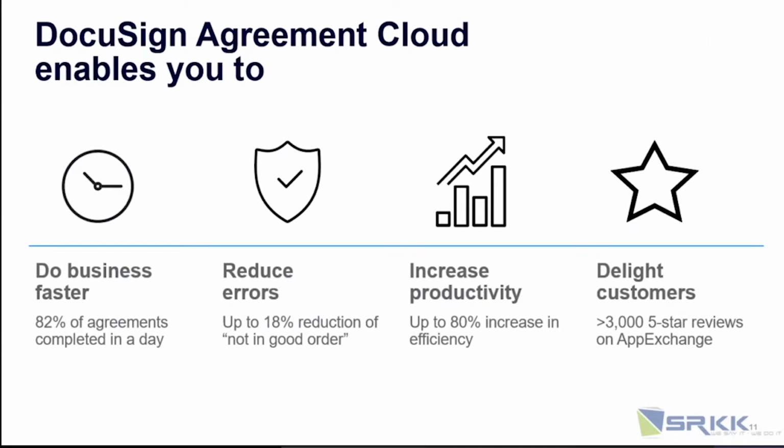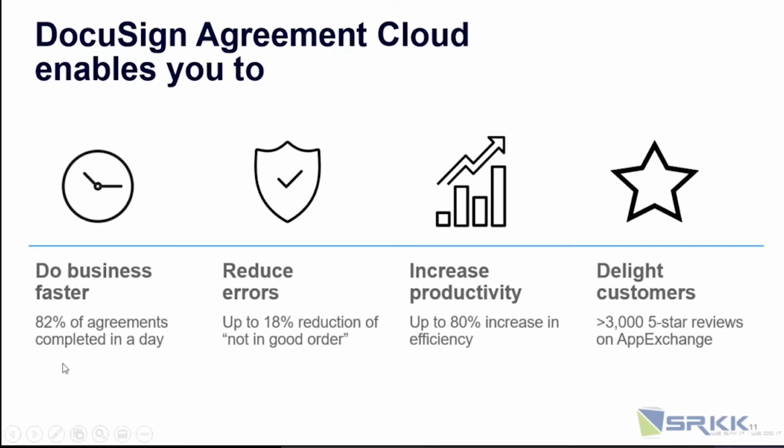And this is basically what the DocuSign Agreement Cloud enables in your business. With this, you are able to do your business faster. It's about the turnaround time: about 82% of agreements are completed in a day. Comparing that, usually you would take about a week or a couple of days to complete it.